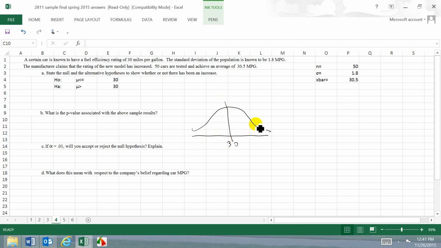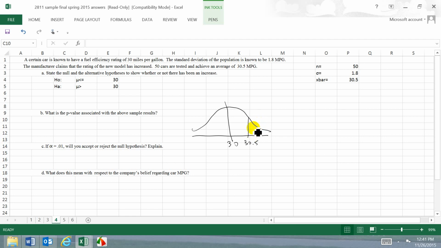X bar is 30.5. And the p-value will always be the tail in the direction of the alternate hypothesis. In this case, the alternate hypothesis is greater than. It's to the right side.